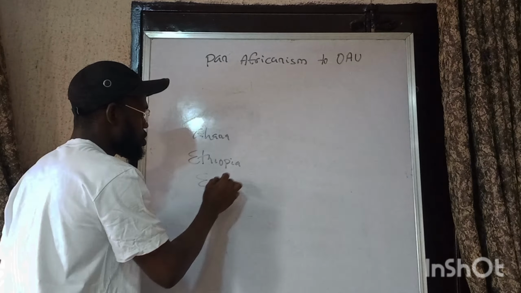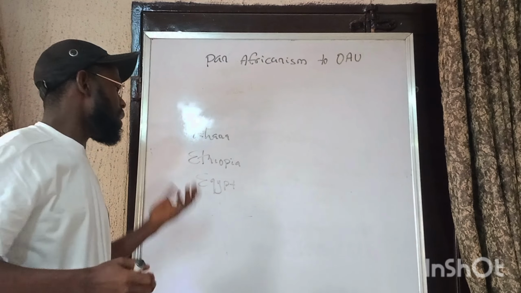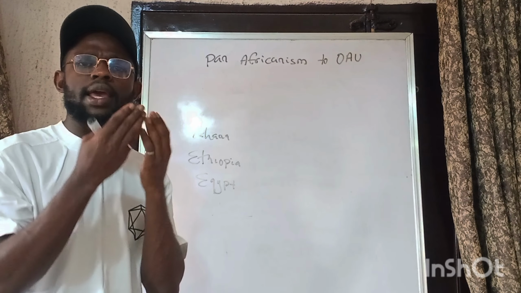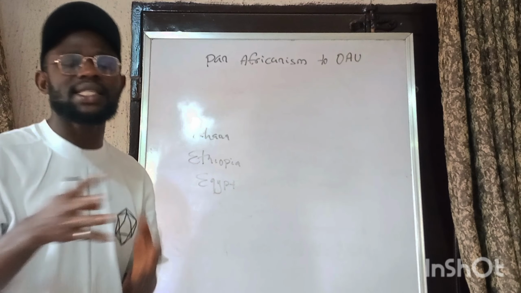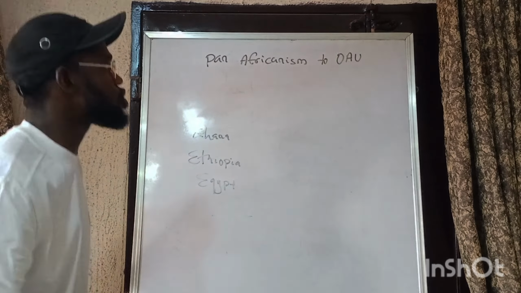So these countries, Ghana, Ethiopia, and Egypt, decided to organize other countries in Africa to join them to hold what we call a conference, not just a conference, I call it a crucial meeting. That meeting is what masterminded the formation of the OAU, the Organization of African Unity.